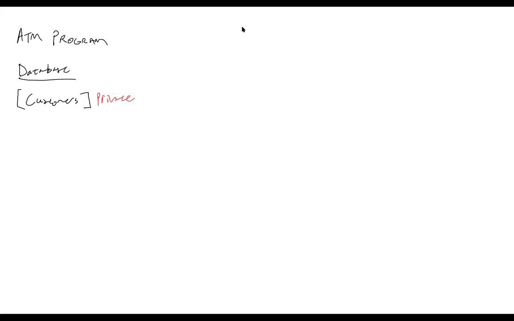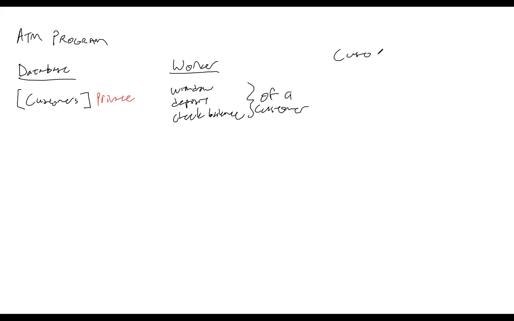And the access for this has to be private. Right? We're also going to have a worker class that can withdraw, deposit, or check balance of a customer. And then after that, we're going to have a customer object that has their name, age, etc. It's going to have all their data fields.